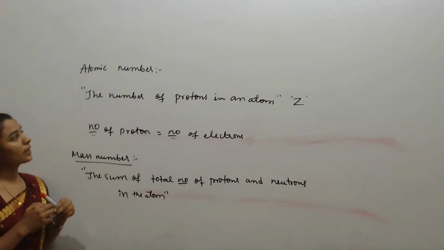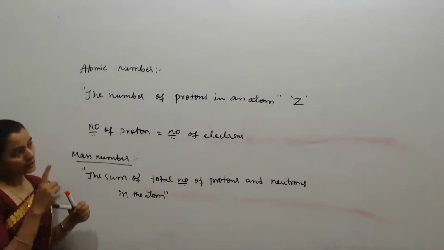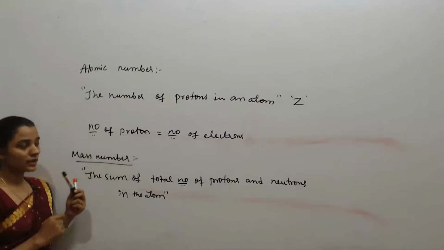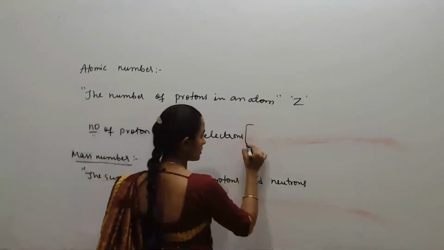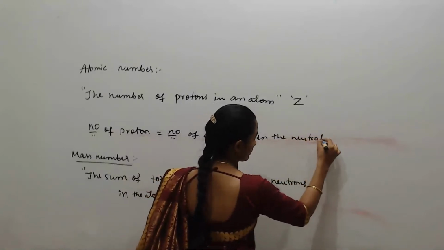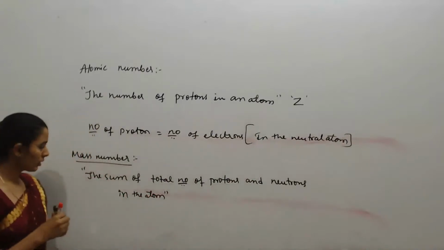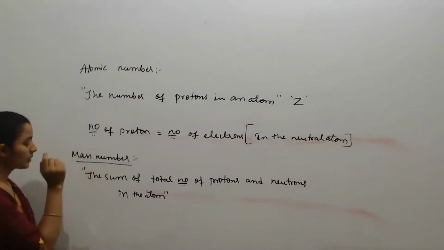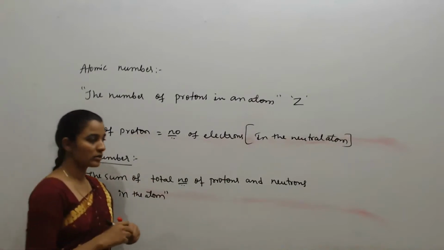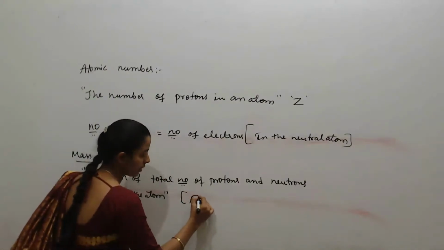Atomic number means the number of protons in an atom, represented by Z, and the number of protons is equal to the number of electrons, especially in a neutral atom with zero charge. The mass number means the sum of protons and neutrons in the atom, and it is represented by A.